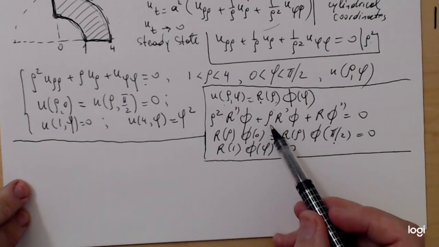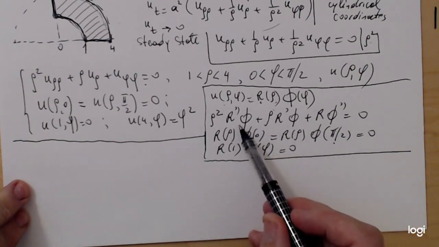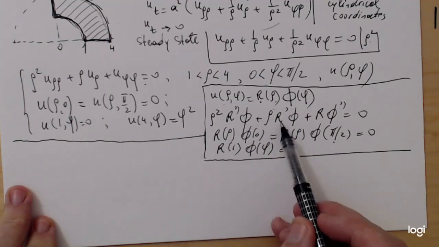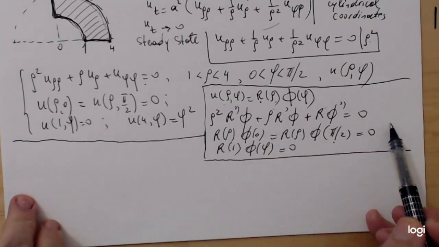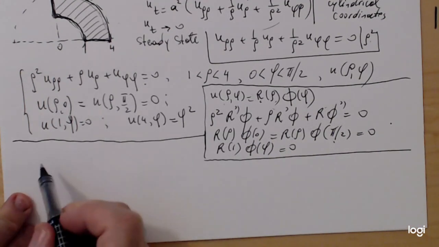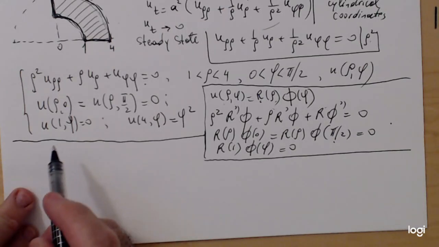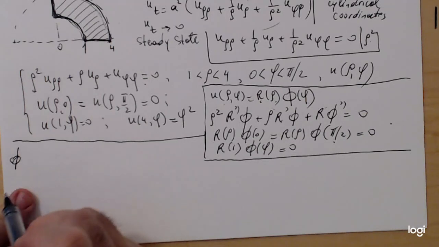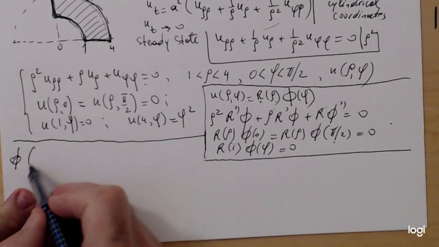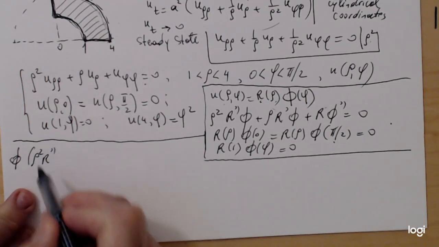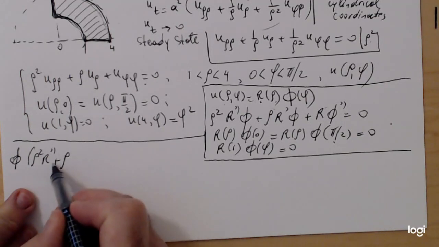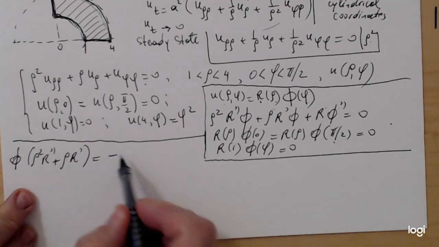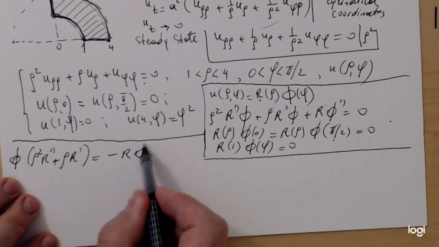And like I said, let's do the separation. So what I can do over here, I can pull out phi, and let's move the last term to the right-hand side. This step, remember, it's not always clear cut because it depends on the algebra manipulation. So big phi times rho squared R double prime plus rho R prime equals minus R phi double prime.